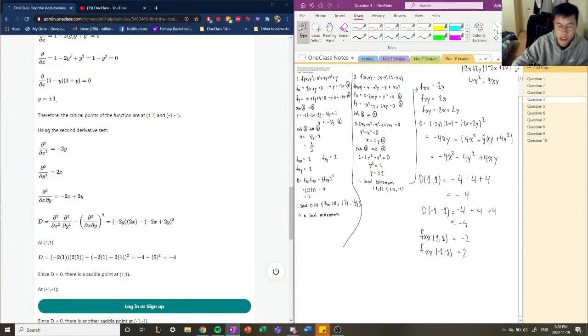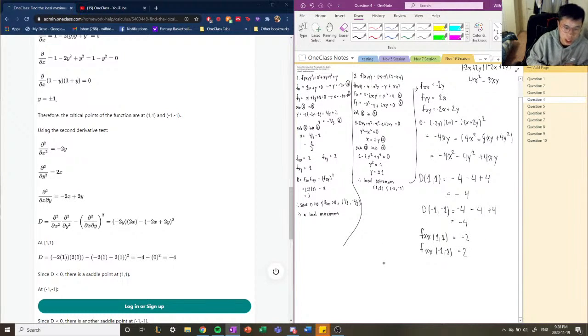Okay, this doesn't really matter, but therefore, since D of (1, 1) and D of (-1, -1) are less than 0, we have that the local extremum (1, 1) and (-1, -1) are saddle points.